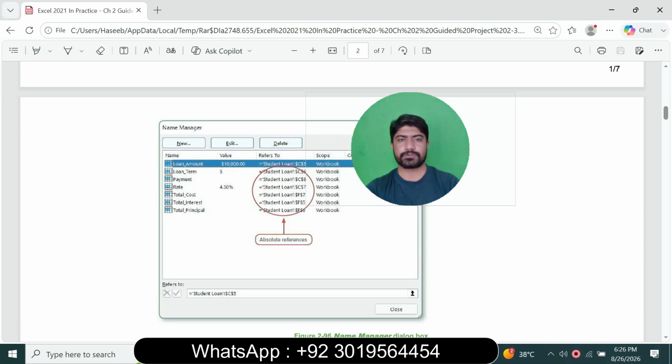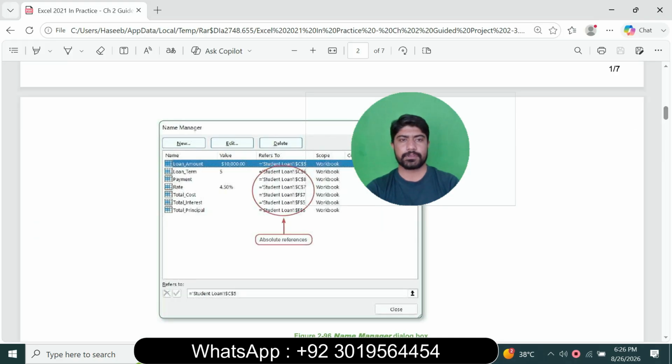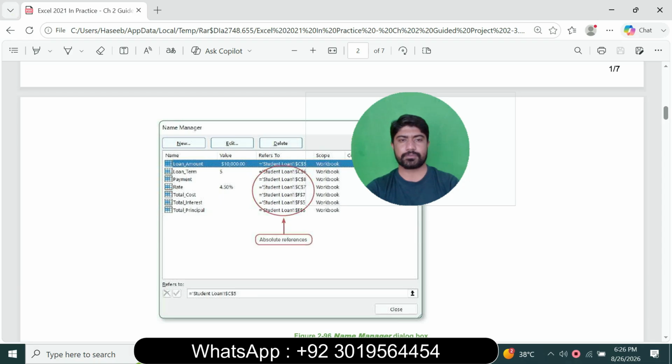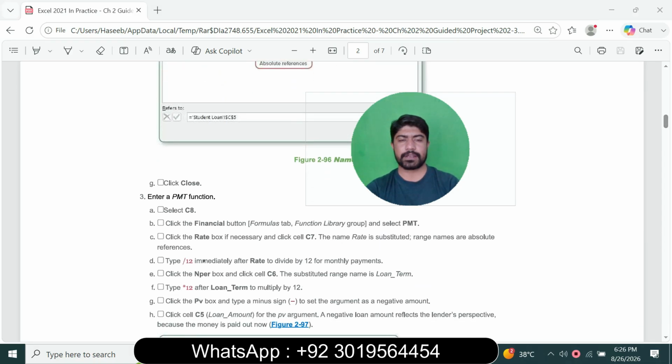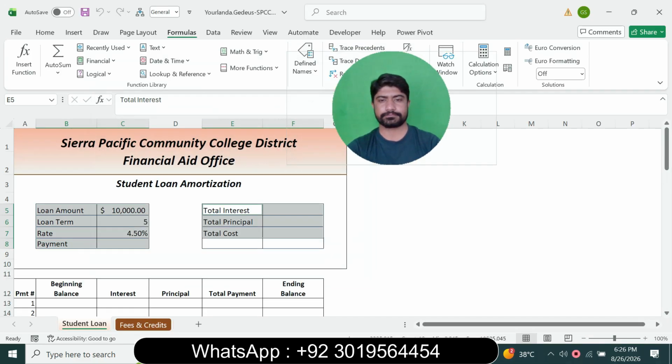Check the loan amount, loan term, payment rate, total cost, total interest and total principal. Next, click Close.